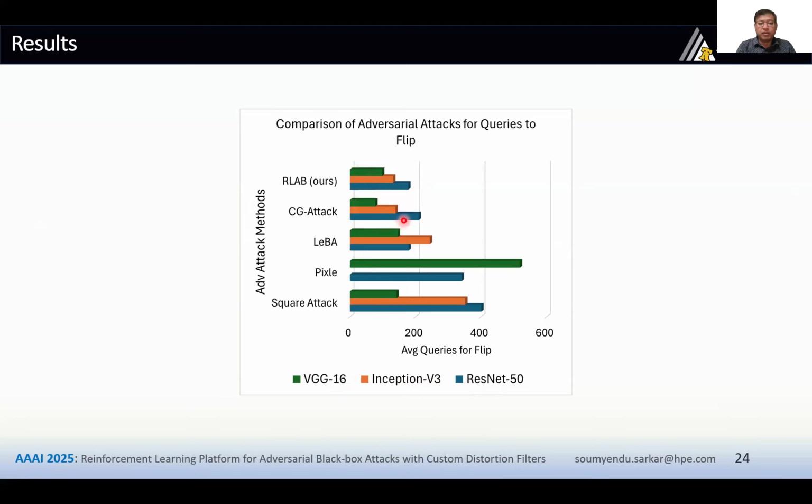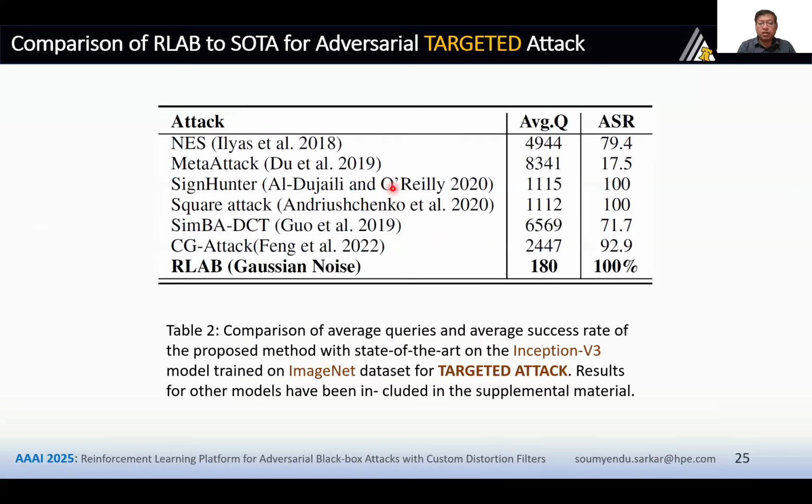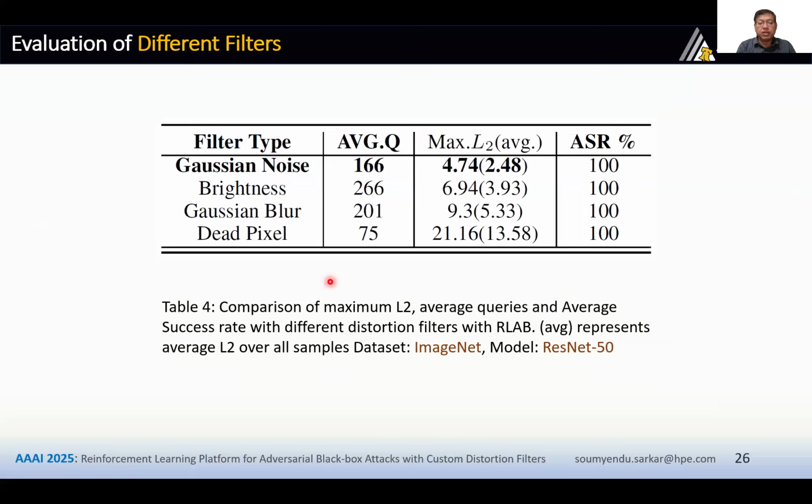Overall, our lab is better than these other state-of-the-art attacks. The CG attack is a little bit better than VGG16, but overall our lab outperforms. Now, this is a comparison with the state-of-the-art for targeted attacks, and here also you can see that our lab significantly does better.